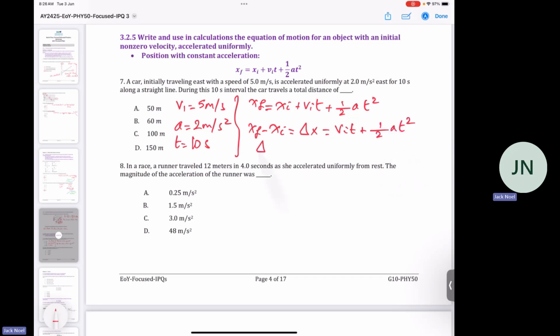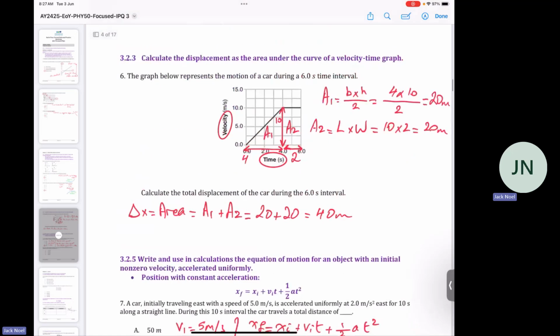So your delta x is going to be 5 times 10 plus half, the acceleration is 2, the time is 10 squared. All of this goes on the calculator. It's going to give you 150 meters. So it's answer D.